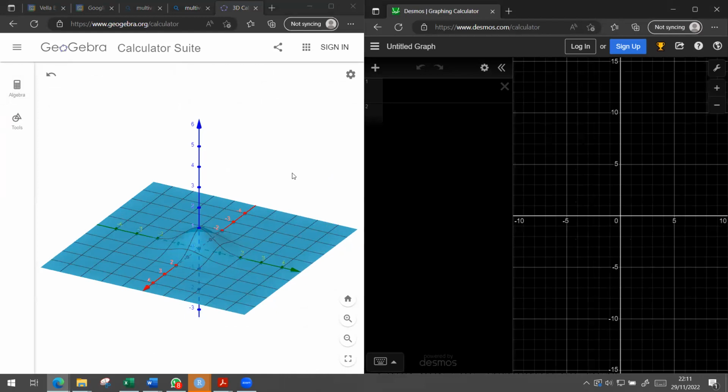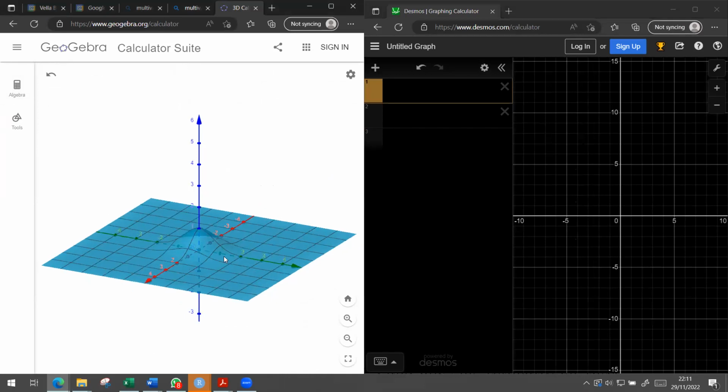Okay. So look at this. Let me fix x. Didn't I type negative x squared plus y squared in GeoGebra? Of course, Desmos cannot plot this.